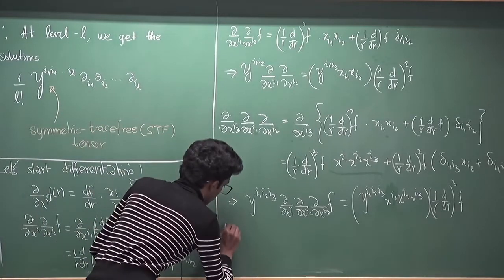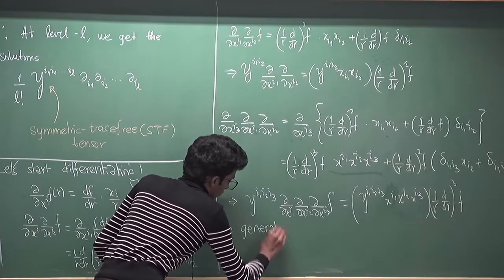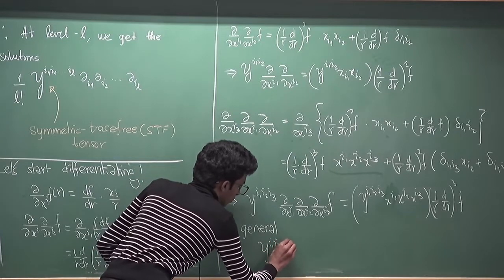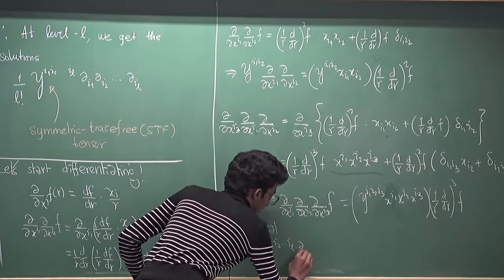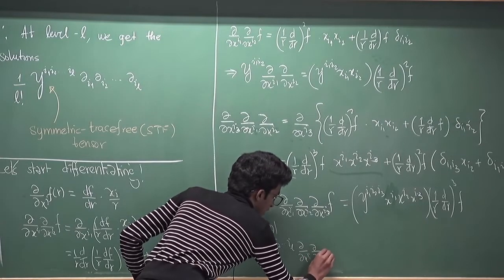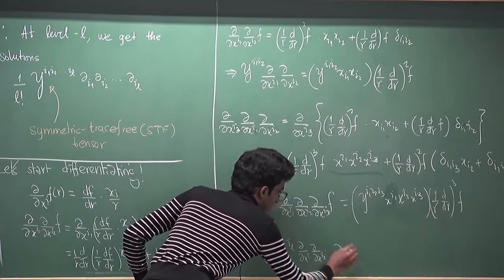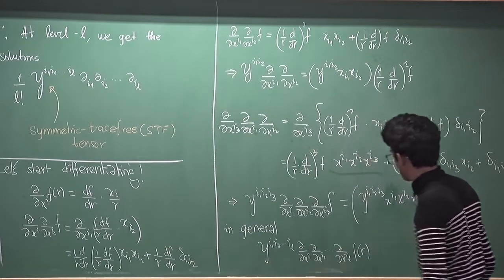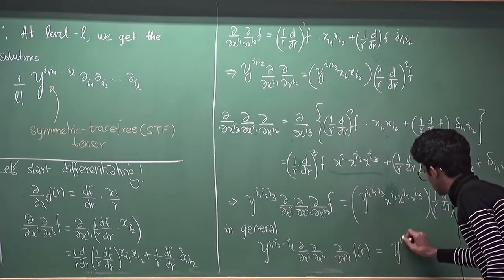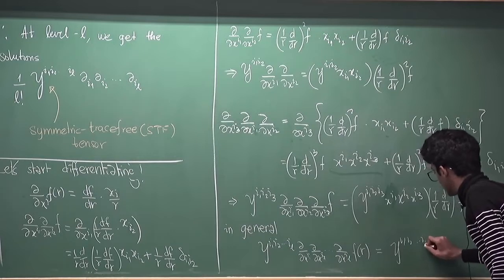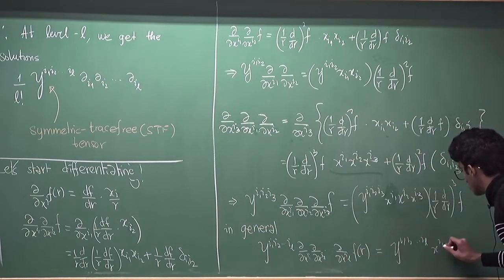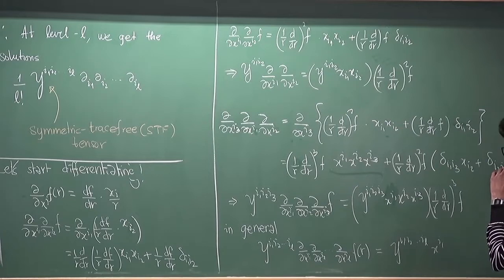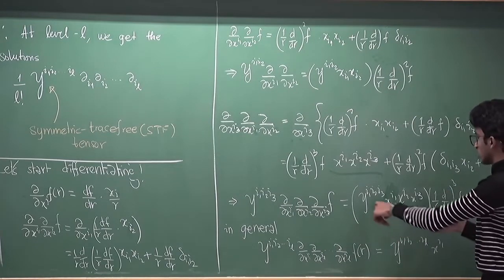that in general y^{I1 I2 ... IL} ∂_{x^{I1}} ∂_{x^{I2}} ... ∂_{x^{IL}} acting on some function which is just a function of the radial coordinate is equal to y^{I1 I2 ... IL} times polynomials ξ_{I1}... Okay, my notation is not that good.